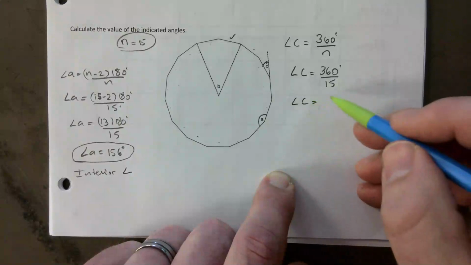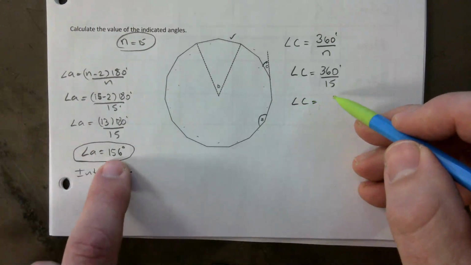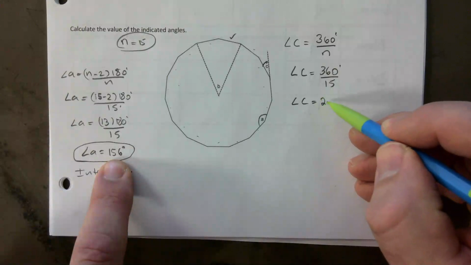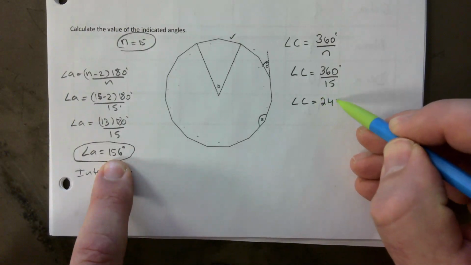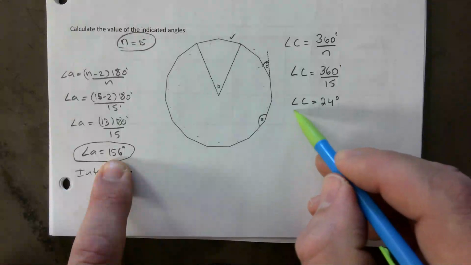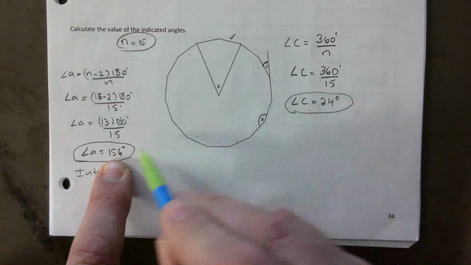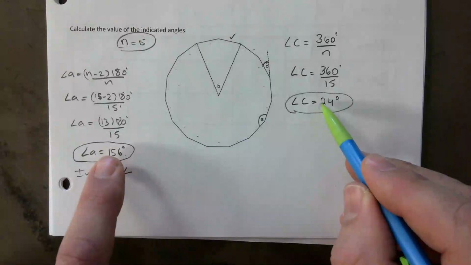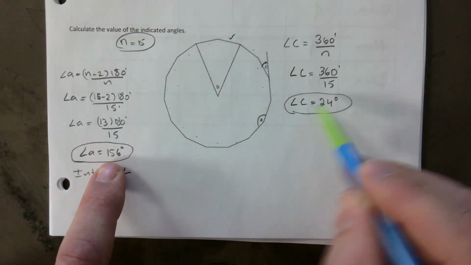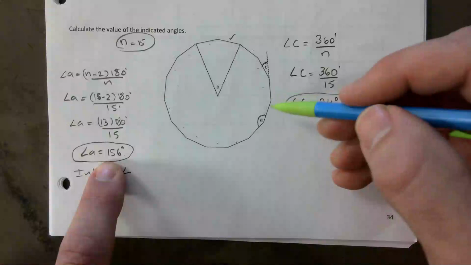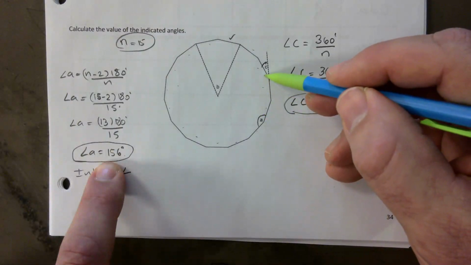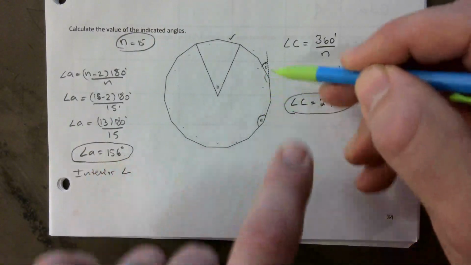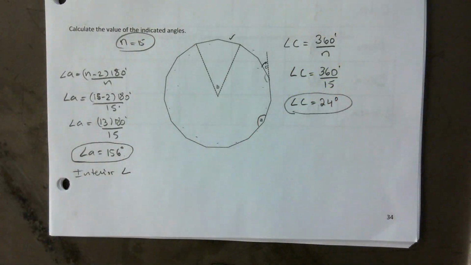C is 24, right? 24 degrees. And I make a note, do these add up to 180, right? That's what I expect, my interior and exterior, because technically you could bring A right here as well. I just label them in different parts, right? But there you go, that's good.